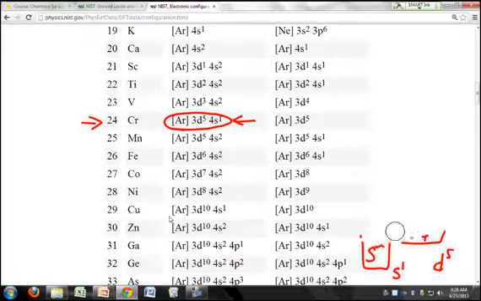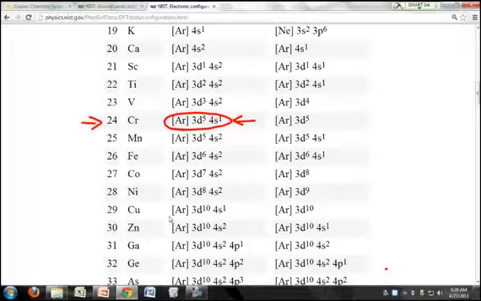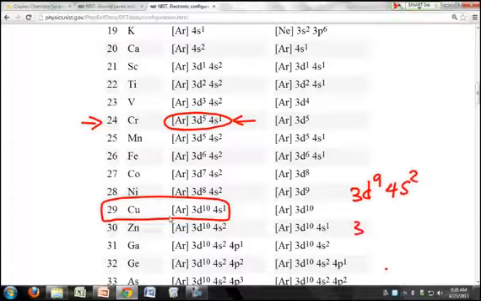Okay, so if we scroll further down, you'll see more of these exceptions. Let's see. We have right here for copper. Again, you see instead of 3d9 4s2, you're seeing a 3d10 4s1.